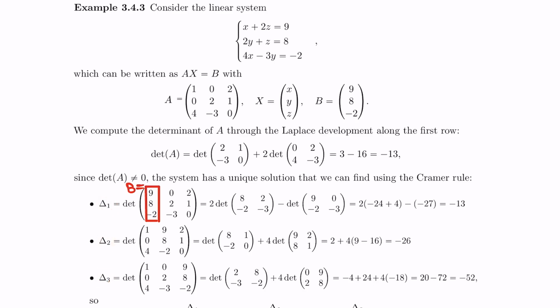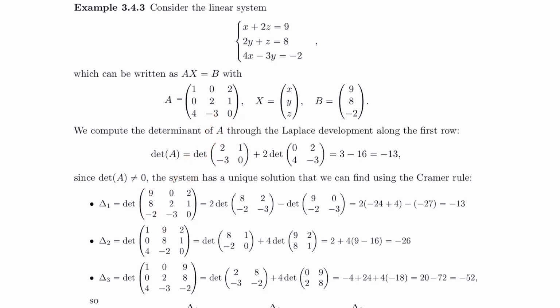Delta 1 is the determinant of the matrix obtained from A by replacing the first column of A with the column given by the vector B. So here, as you see, I introduce the column given by the vector B, and I simply reported the two other columns of A.